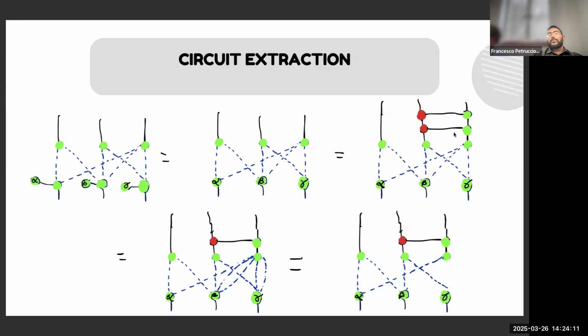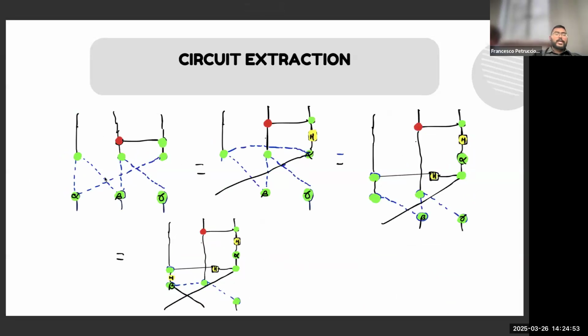Once we have these two control NOT gates, one of them toggles certain blue edges here, and we get in fact more of these dashed blue edges in the next diagram in the bottom row. But now we see we have two dashed blue edges between certain vertices, and if we have two dashed blue edges, we can in fact remove them, and this is in fact a variant of the Hopf law for ZX calculus for these types of patterns. So we remove these parallel blue edges to get the next diagram.